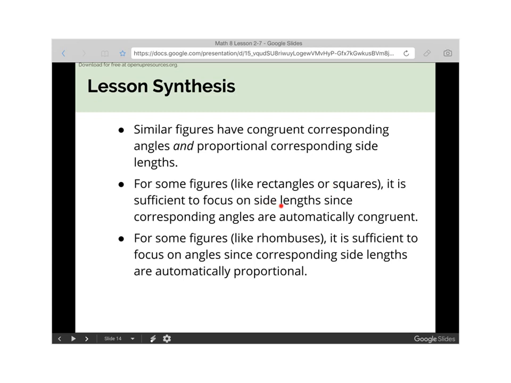So you can just focus on the side lengths to check the scale factor to see if they are similar. On other shapes that are not rectangles, squares, etc., like rhombuses, it is sufficient to focus on angles, since the side lengths are automatically proportional when you can confirm the angles are the same.